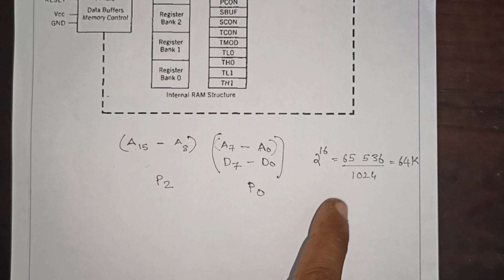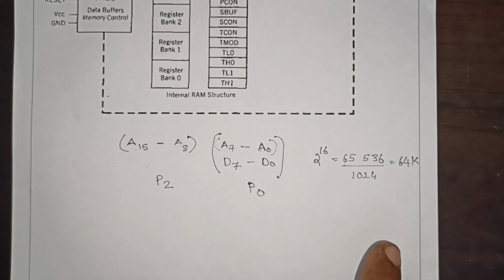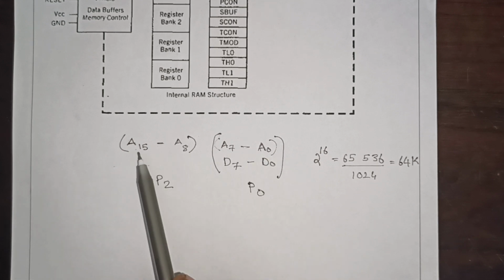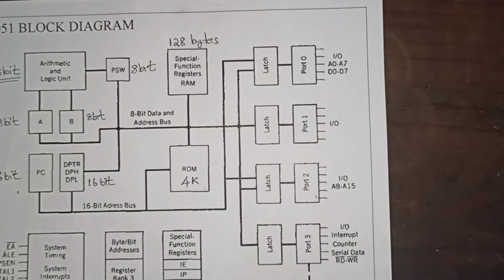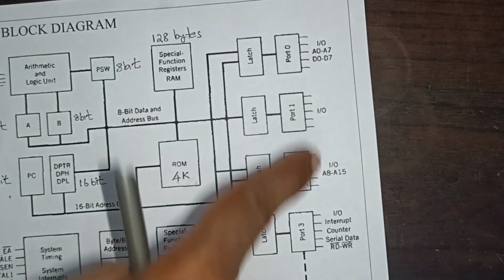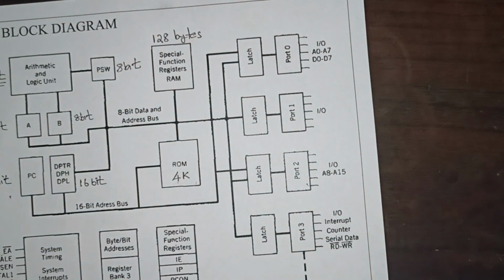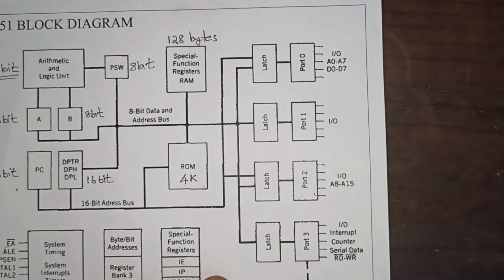If you are new to this, go and watch my memory video, where I have clearly explained the concept. So 64K is the maximum external ROM which can be connected to our 8051. Memory has a data bus and an address bus. The address bus is 16-bit wide and the data bus is 8-bit wide. That's why additional address and data lines are given here, because we can connect external memory if needed.